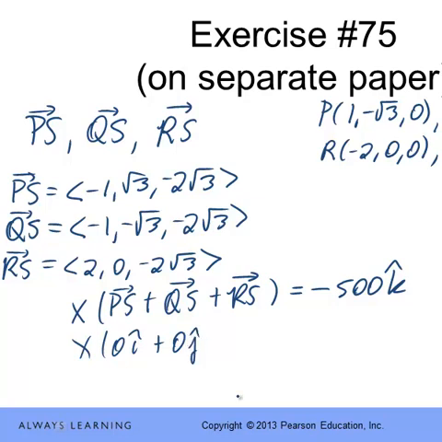So plus 0 j hat, and then the z component, -2 √3 minus 2 √3 minus 2 √3 is -6 √3, good. Keep me honest. Good.